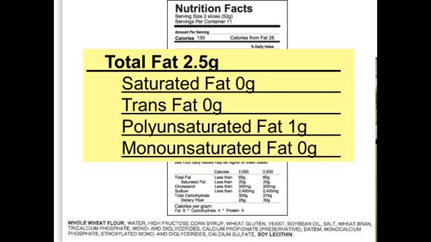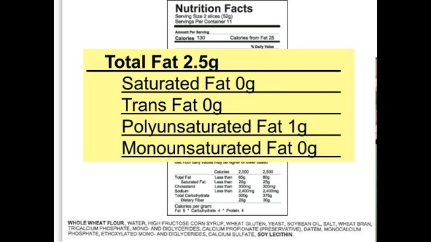And kind of like with the carbohydrates, they don't all add up to the total. So we see saturated fat 0, trans fat 0, polyunsaturated fat, whatever that is, 1 gram, and monounsaturated fat is 0 grams. We're going to be explaining some of that terminology as we go through today's presentation.